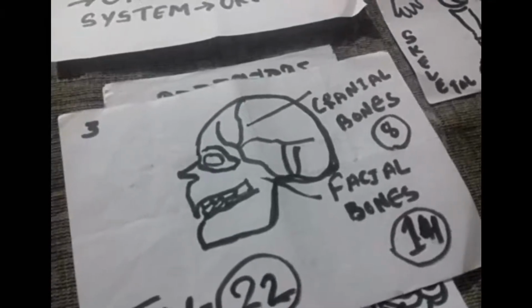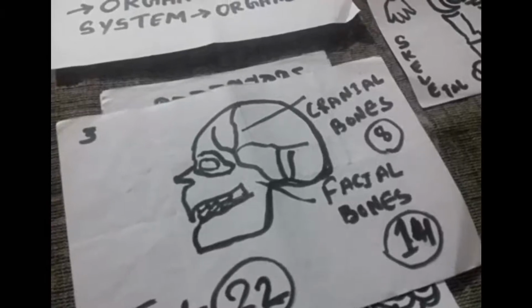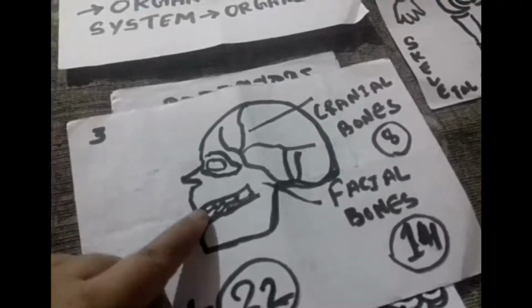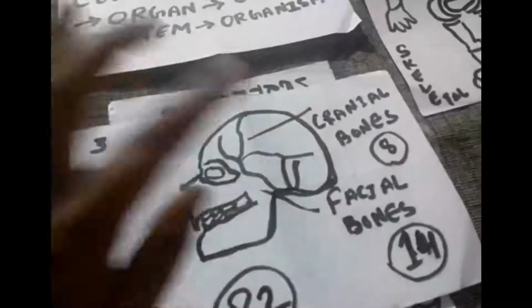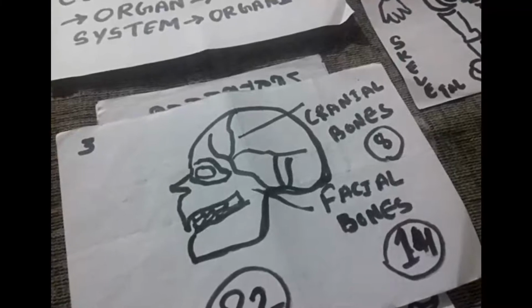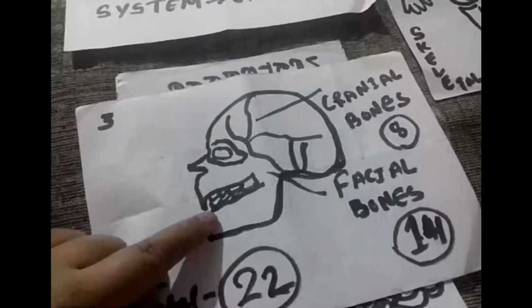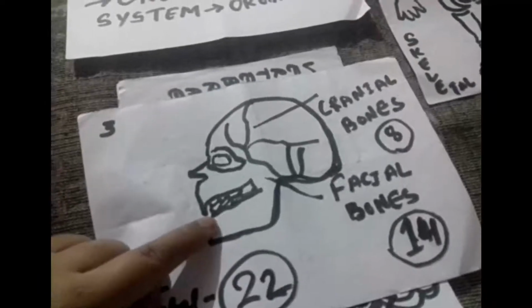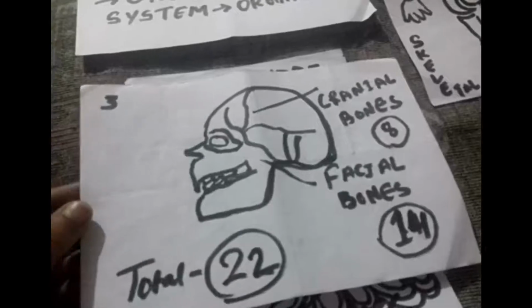Except the lower jaw, all the other bones in the skull are fixed and hence immovable. Only this portion of our mouth moves, the rest are immovable. We are able to talk and eat because of the movable lower jaw. So this is our skull.